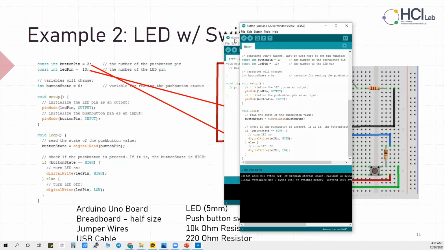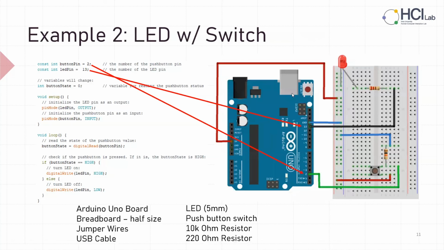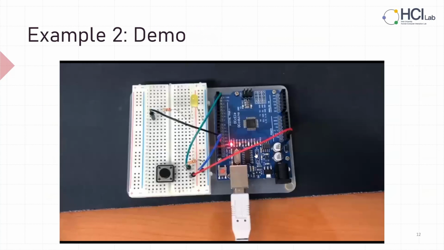Here you can see our code, and now we need to upload it. The connection is okay, so we just upload our sketch, compiling sketch, uploading. Yeah, done. We successfully uploaded our sketch to our Arduino board. So let's see our demo.